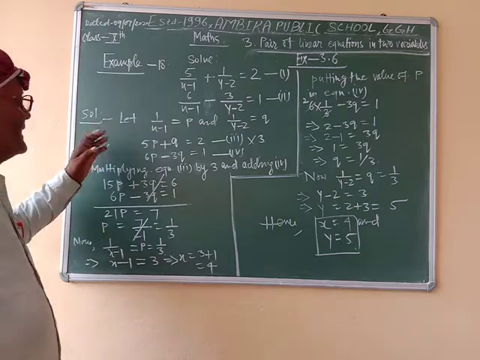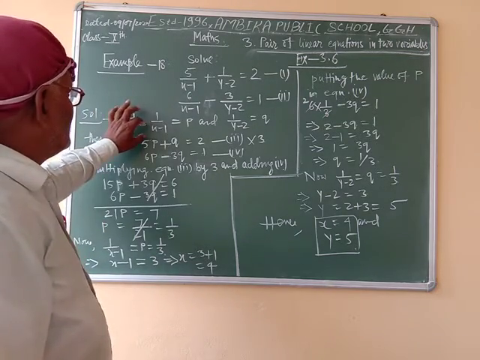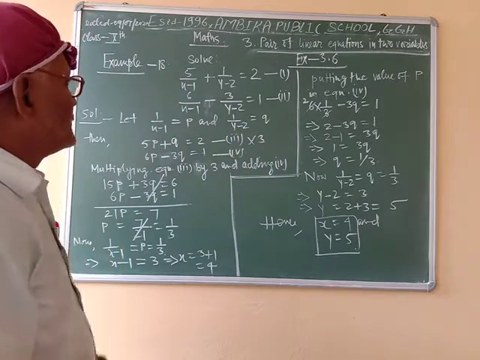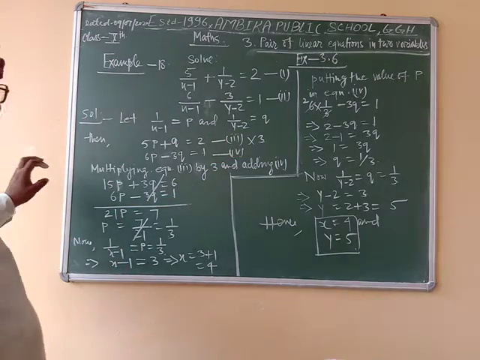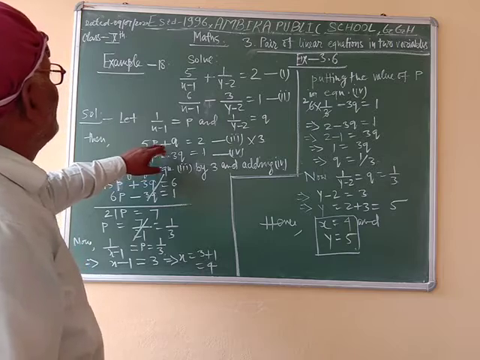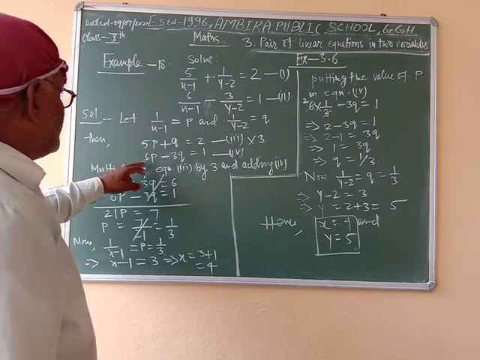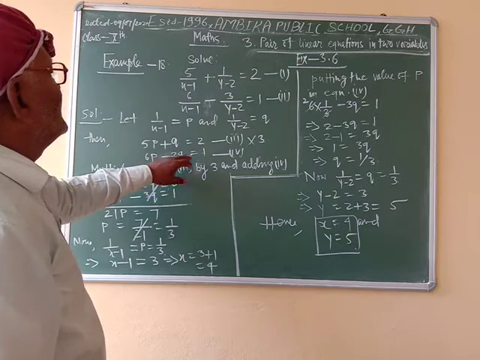So let us suppose that 1 by x minus 1 is equal to p and 1 by y minus 2 is equal to q. So the form of equation will be 5p plus q is equal to 2, and 6p minus 3q is equal to 1.